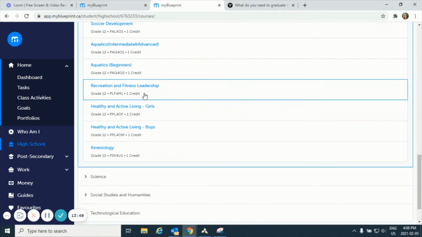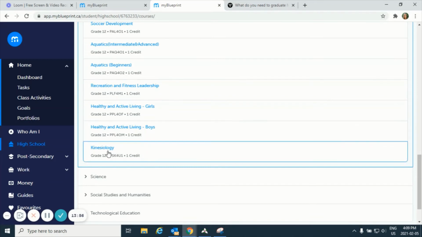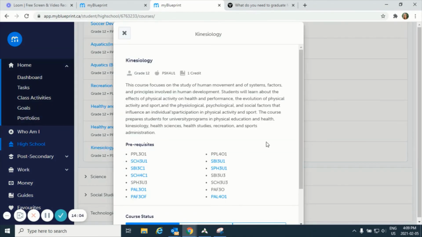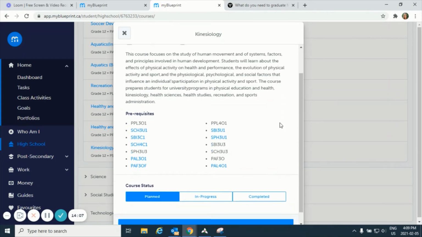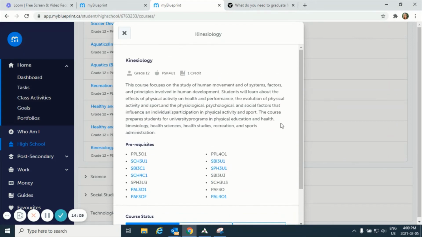But I see in the phys ed department, I could choose recreation and fitness leadership. That is a grade 12 mixed level course. And there's also this kinesiology course. It's a grade 12 university level course, and it might give me some good preparation for something in the sciences or health-related field.